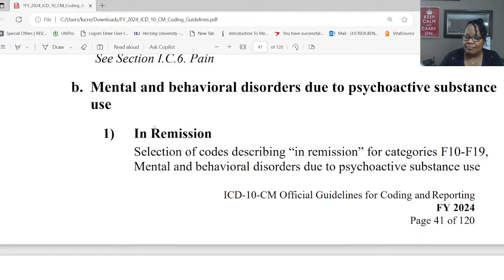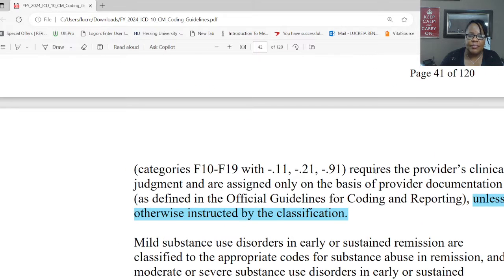In remission: selection of a code describing in remission for categories F10 through F19, mental and behavioral disorders due to psychoactive substance use, requires the provider's clinical judgment and is assigned only on the basis of provider documentation, unless otherwise instructed by the classification. That means unless otherwise instructed by your code book.